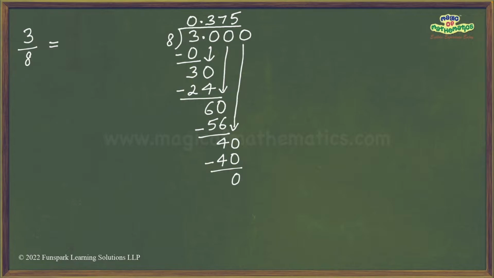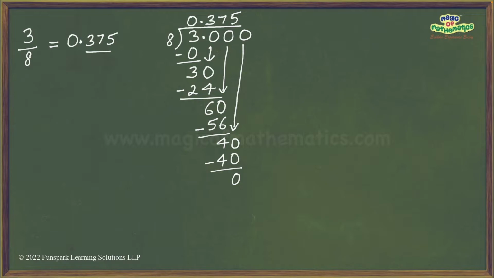So the decimal representation of 3 over 8 is 0.375. The digits after the decimal point have terminated, and hence we call this decimal representation terminating.